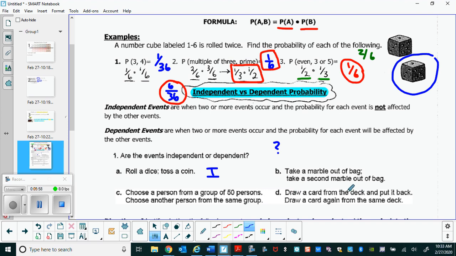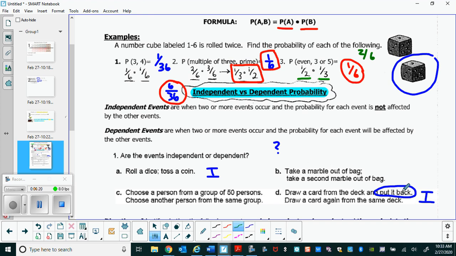So you might draw a card from the deck, get whatever you get, and when you put the card back, that means that the next time it's still out of 52 cards, so this is independent. When it tells you that you're putting it back, you are not changing what the circumstances are for the next draw.